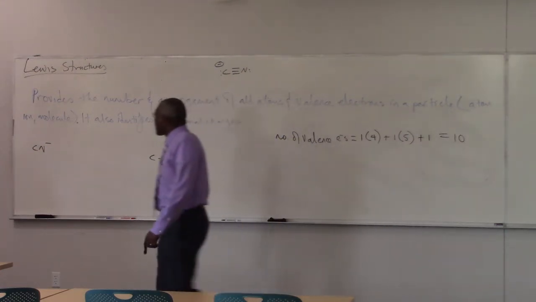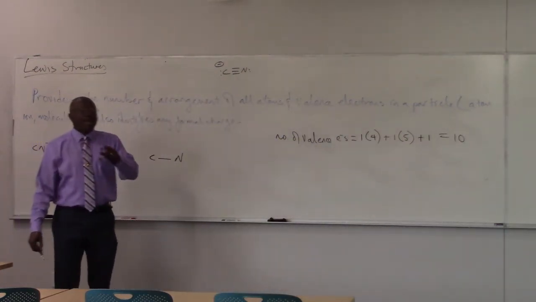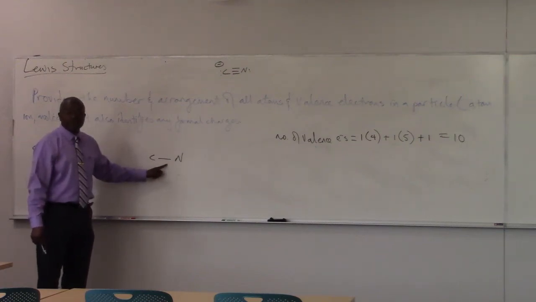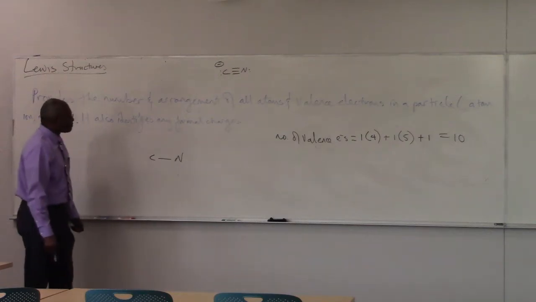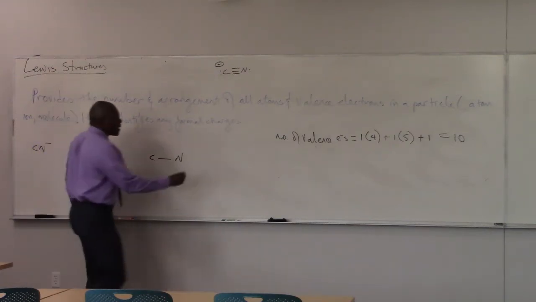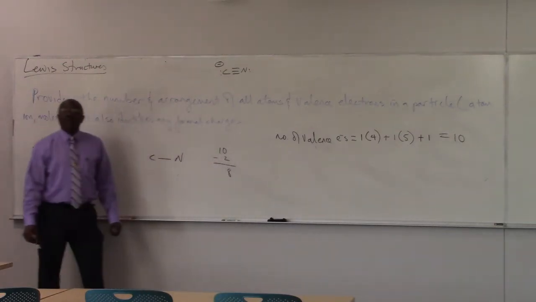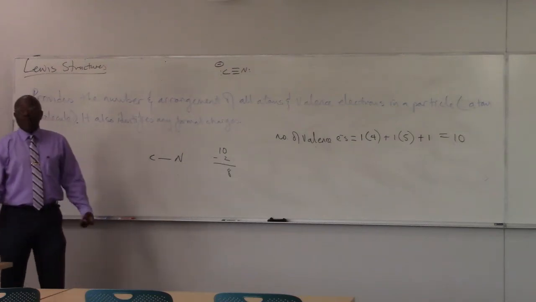Okay, good. Of those 10, I've consumed 2 in my structure. There are 2 electrons here already. So what I now have is 10 minus 2, that is 8. I have 8 valence electrons to play with.